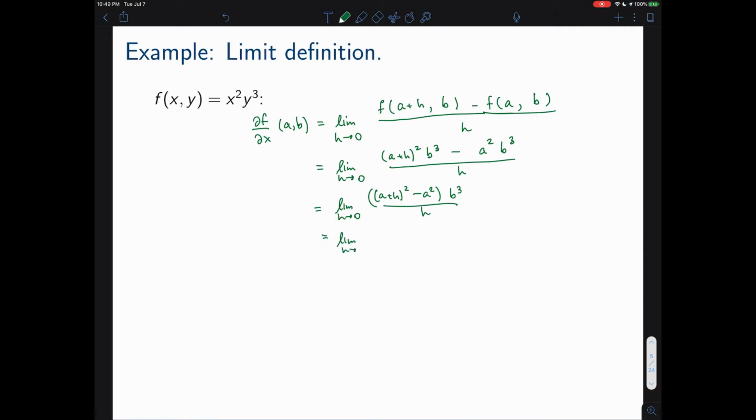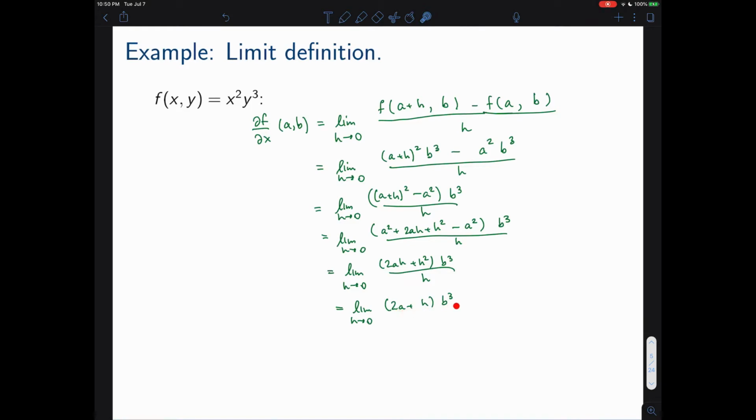I guess we could multiply out these squares. It looks like the a squared terms cancel. And it looks like this h in the denominator, I can divide it into the numerator. Okay, that simplified a lot.